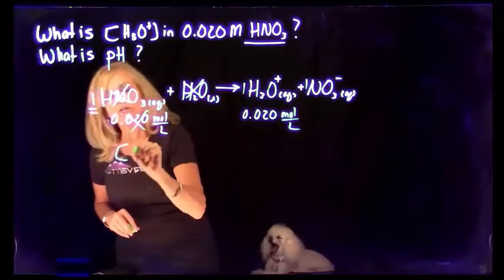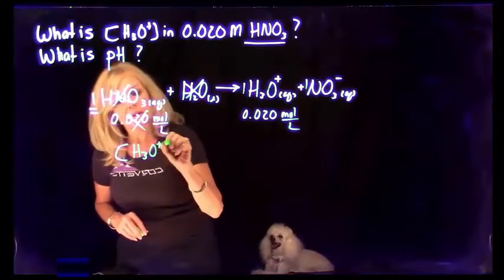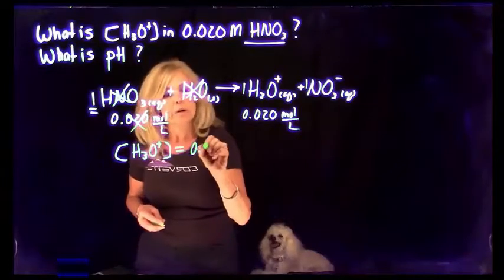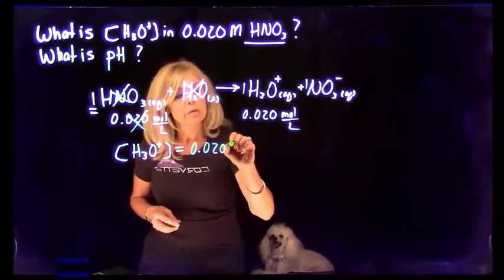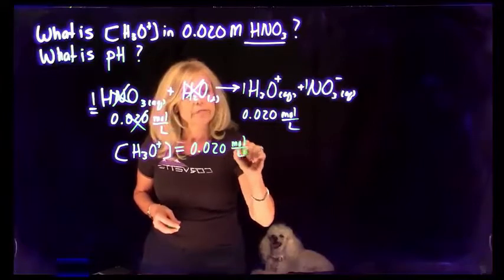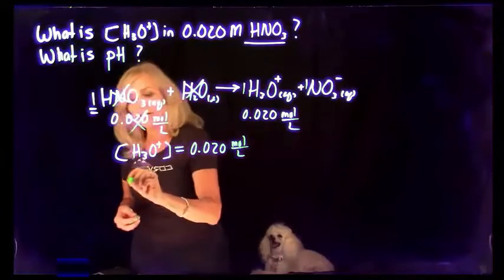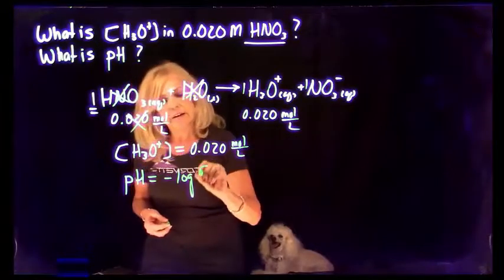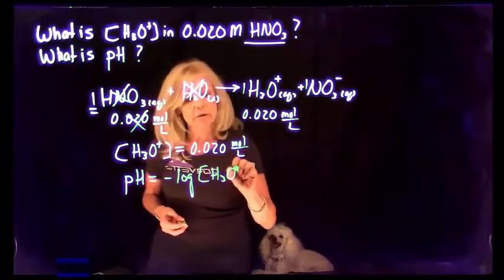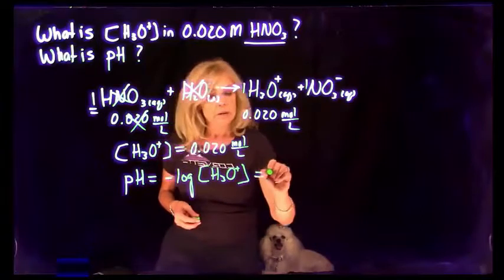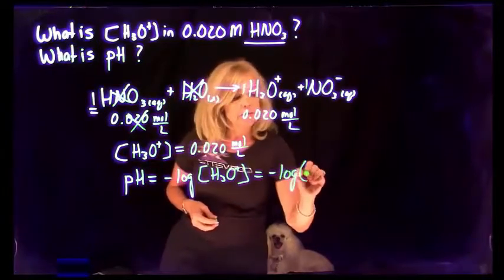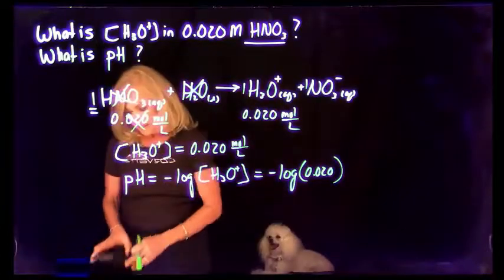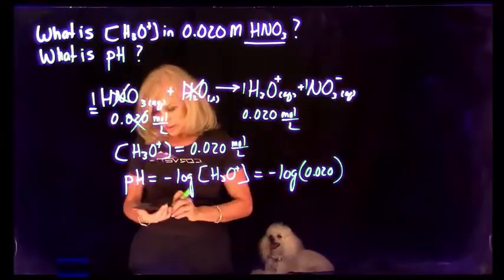Therefore, the concentration of the hydronium ion in 0.02 molar HNO3 is going to be 0.020 moles per liter. The pH function is the negative log base 10 of the hydronium ion concentration. So negative log base 10 of 0.02 molar. And simple calculation.